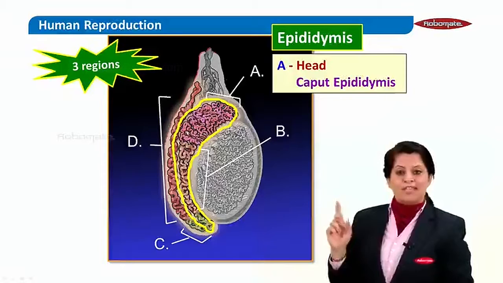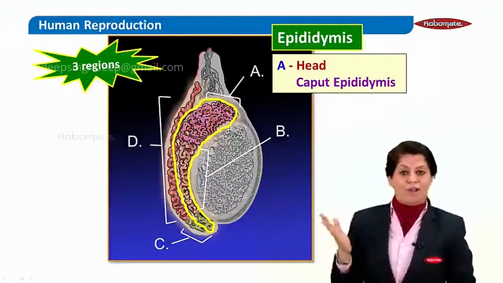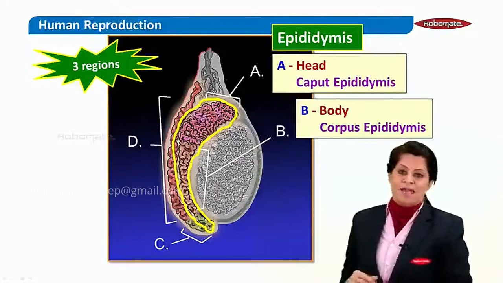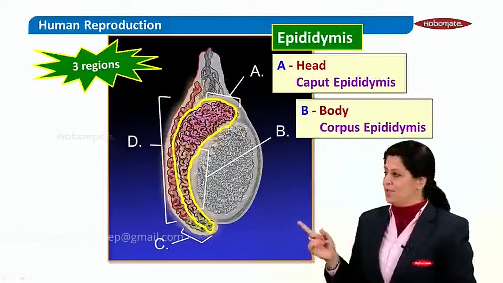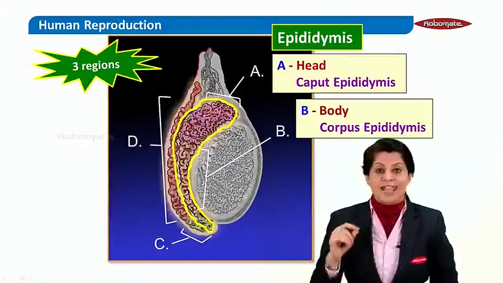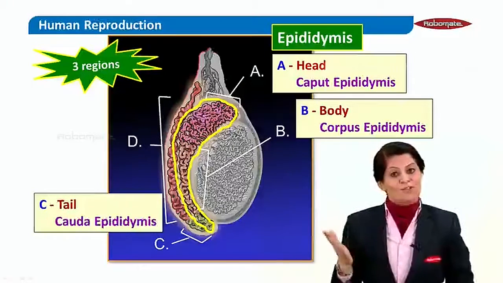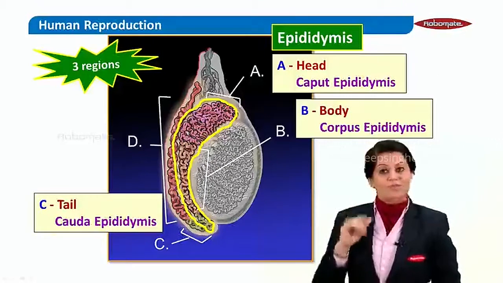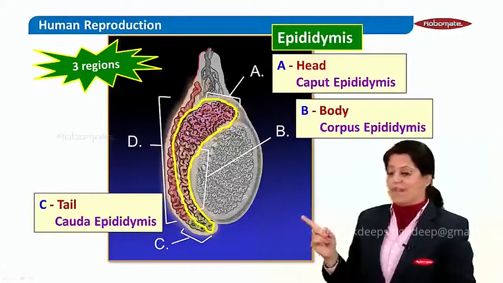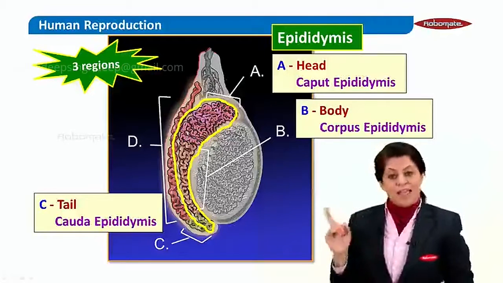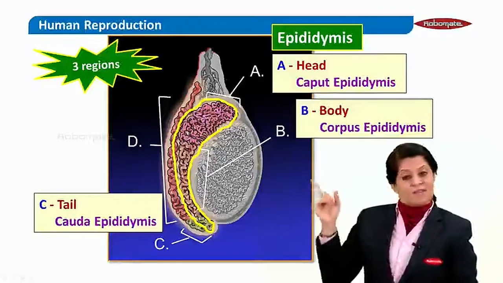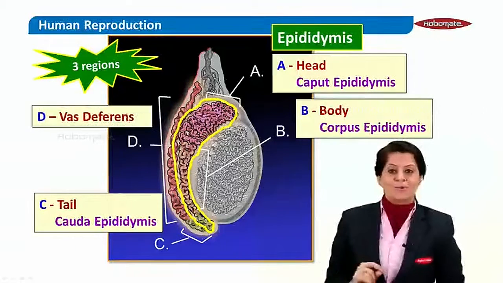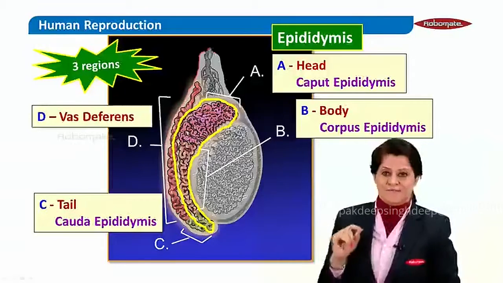B, which you can see, is a long part. It's the body of epididymis, also called corpus epididymis. And C down there, students, that's the tail of epididymis, also called cauda epididymis. Also observe, students, from the tail region of the epididymis, there is a tube arising which is marked here as D. That tube is vas deferens.